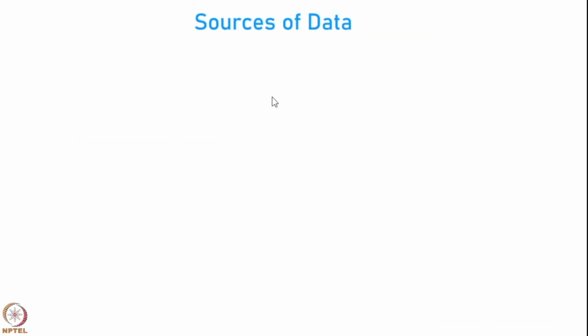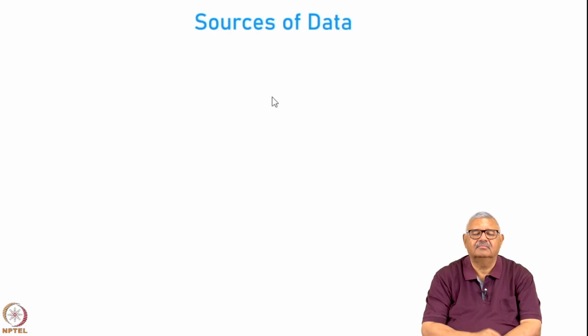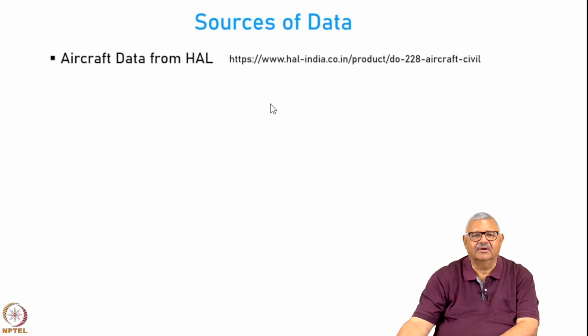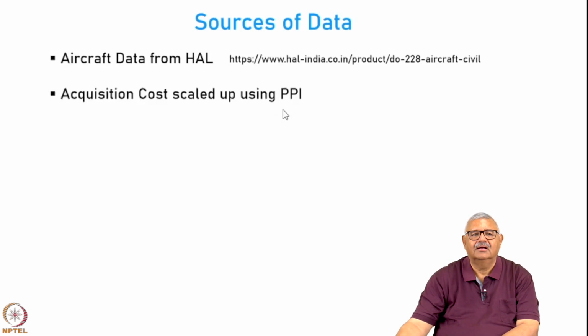Whenever we do any calculations, we need some data, and the data has come from various sources. So, I would like to share with you where I got the data for doing this assignment. The data regarding the aircraft Dornier 228-212 has come from this website of HAL.